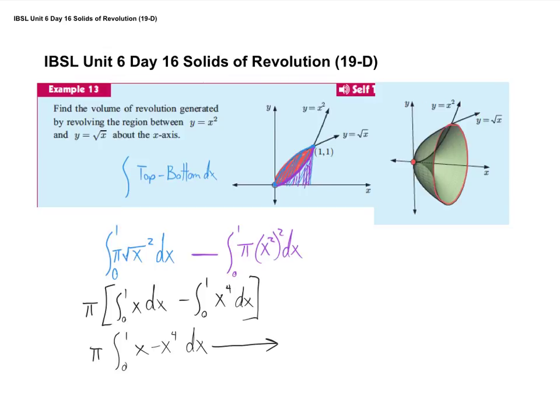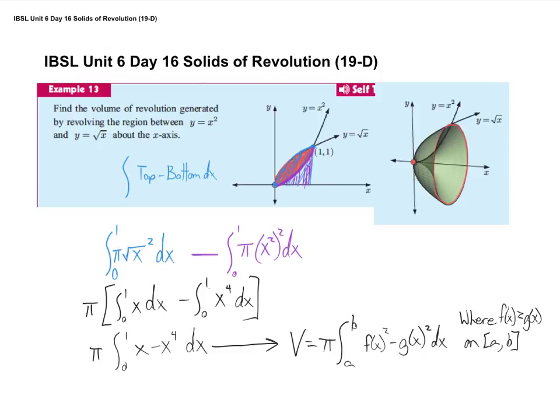The volume of the area between two curves revolved around the x-axis will equal pi times the integral, and we'll just say from a to b, of f of x squared minus g of x squared dx, where f of x is greater than or equal to g of x on the interval from a to b.